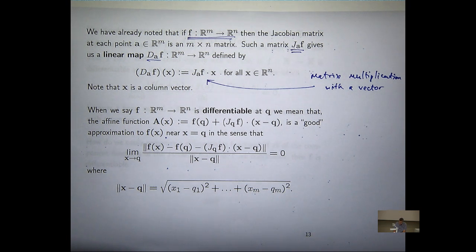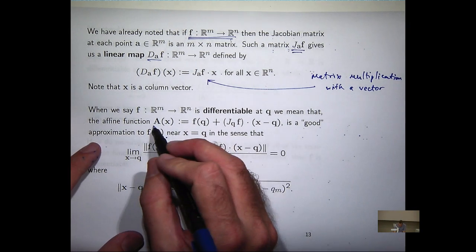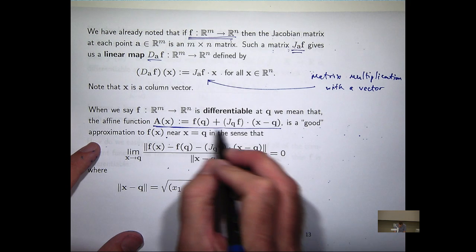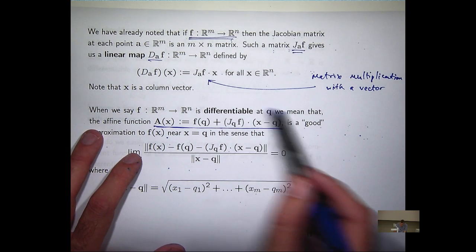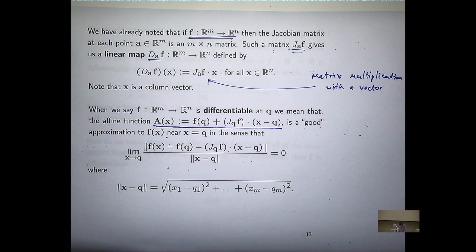Now, when we say that a function f is differentiable at a point, the same ideas apply as we saw in section 3. Basically, it says that there is an affine function that is a good approximation to f near the point of interest. Now, the affine function, remember, just has a linear part plus some sort of constant value.